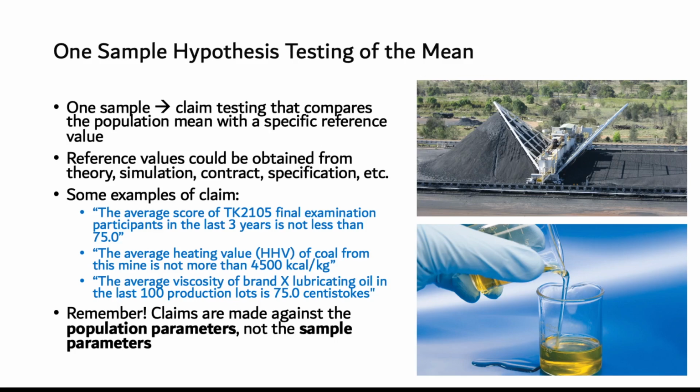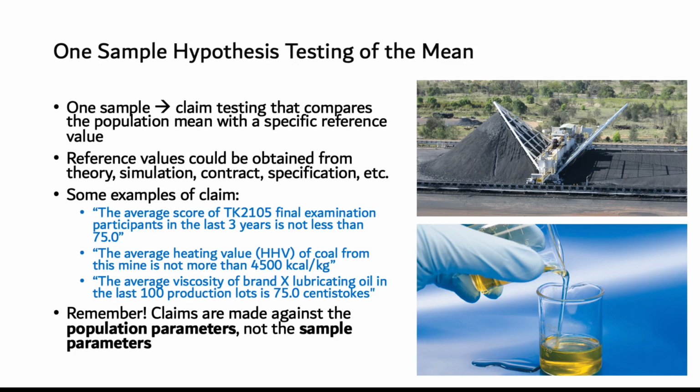One sample hypothesis testing of the mean means that we test a claim that compares the population mean with a specific reference value. Some examples of the claim: the average score of statistics class final exam participants in the last 3 years is not less than 75.